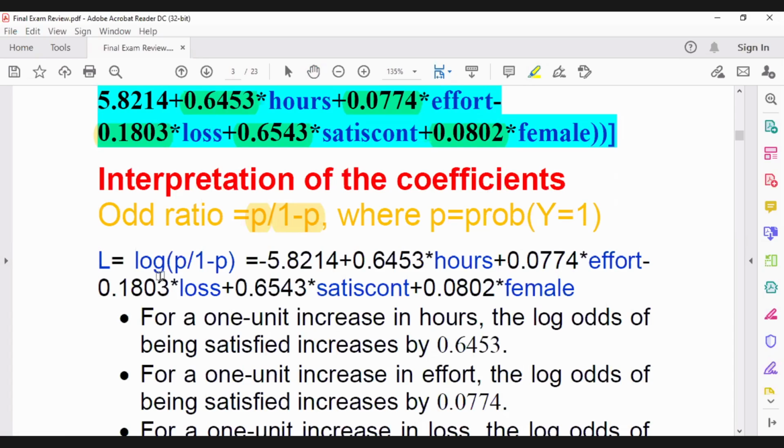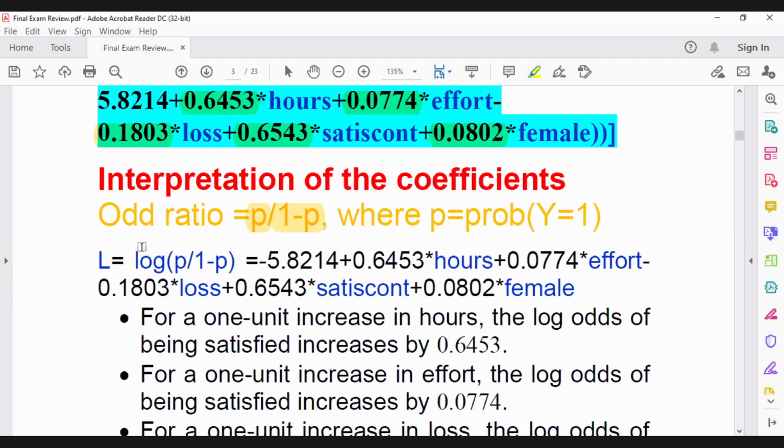So we can write down the log odds as follows: L is equal to log of P over 1 minus P, where P is the probability that Y is equal to 1, and 1 minus P is the probability that Y is equal to 0.